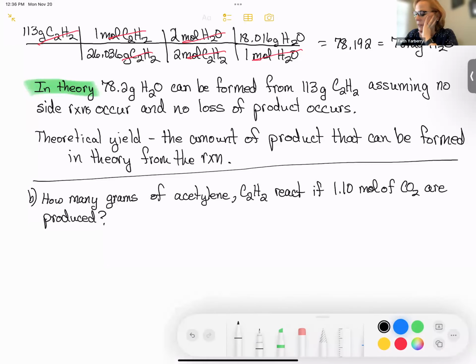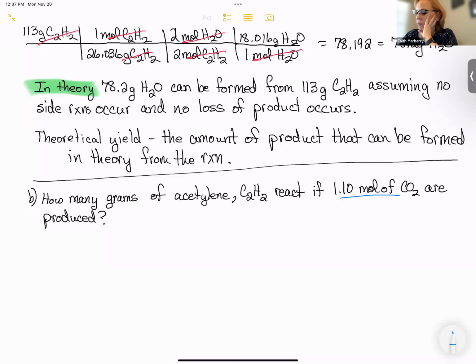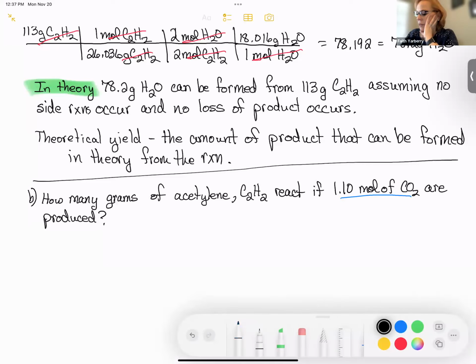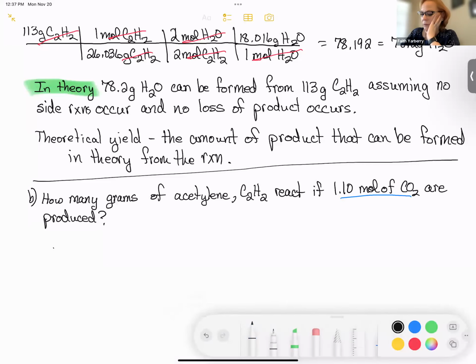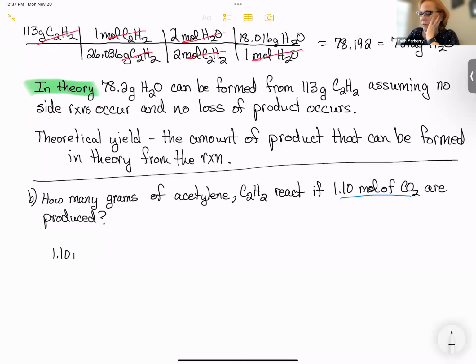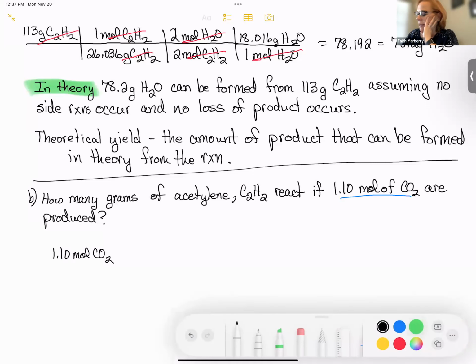Okay, let's look at what I was given. I was given 1.1 moles of CO2. I was asked for grams of acetylene.